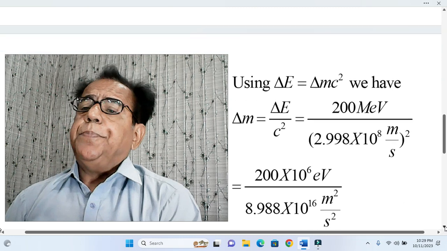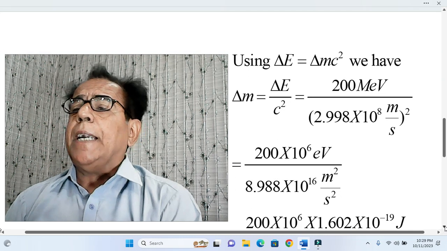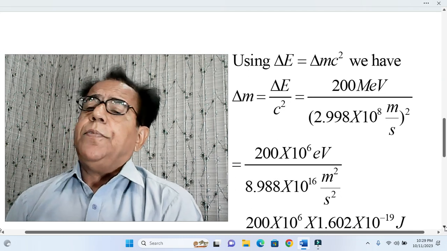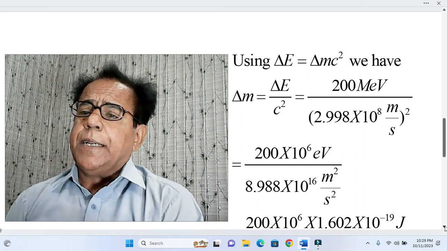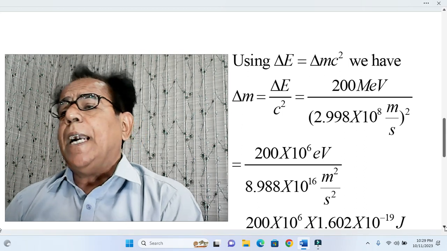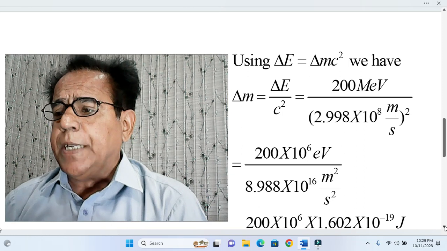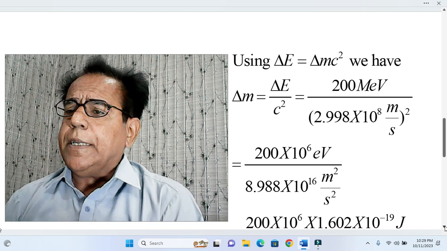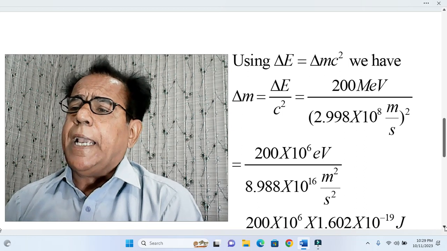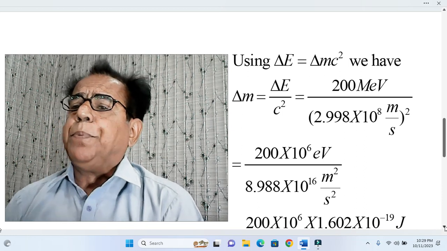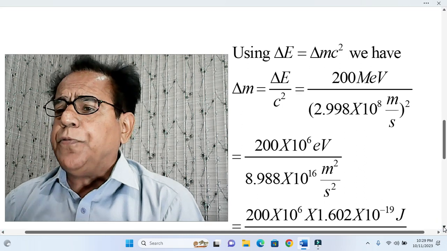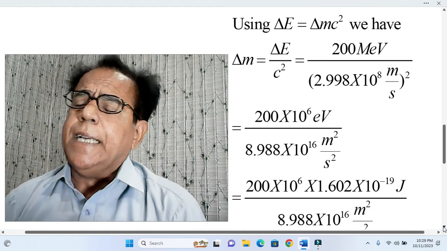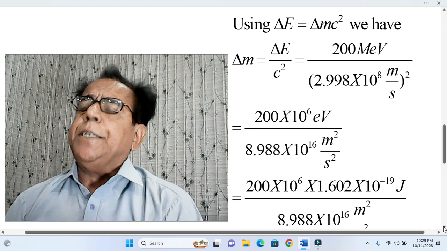Using delta E equal to delta m c square, we have delta m equal to delta E over c square. Delta E is given in the statement, 200 million electron volt. We can also convert it in electron volt as we have done in the next step, and we know that the value of c is 2.998 into 10 raised to the power 8 meter per second.